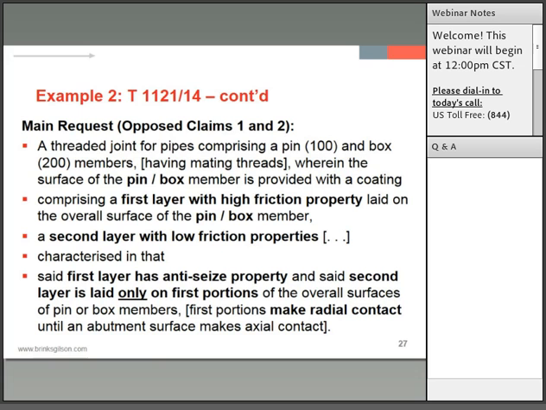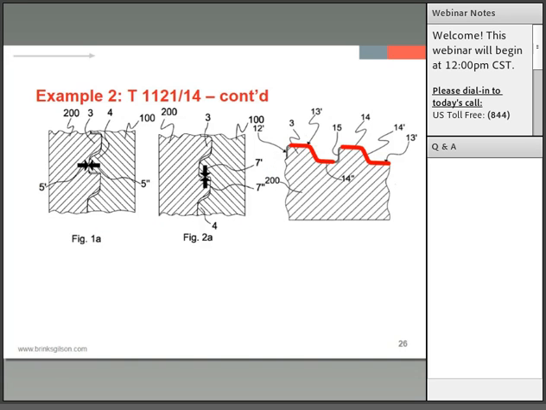This means radial contact, if we look back, the radial contact is only made where the horizontal arrows are in the first picture. The radial contact is not made at the sloped surfaces, although the right picture shows that the low friction coating is also on the sloped surfaces.